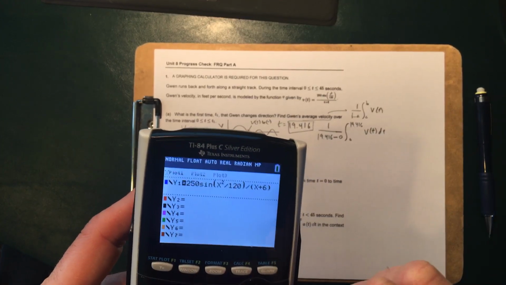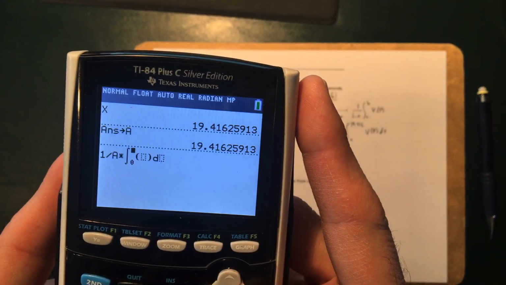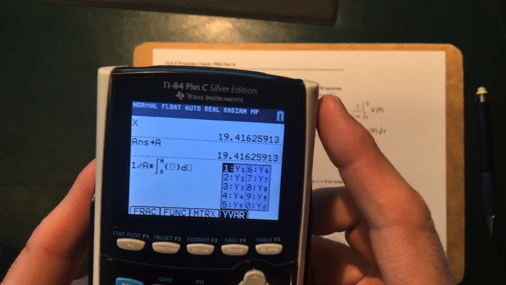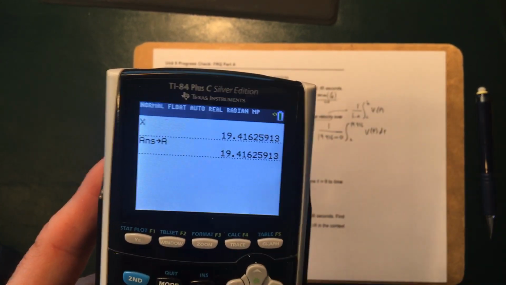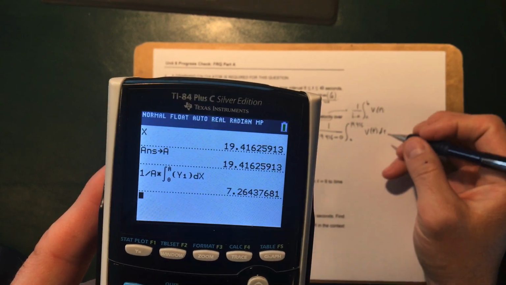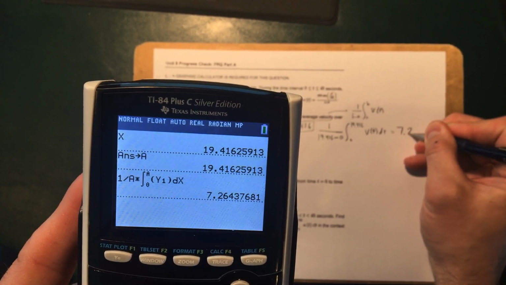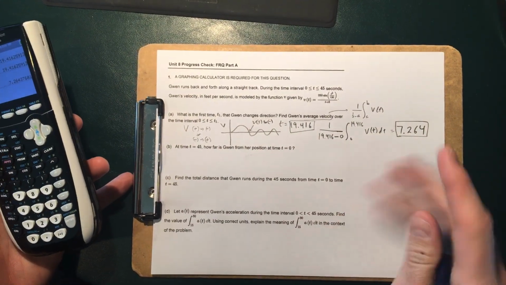So I'm going to go back to where I was and put y1, alpha trace y1, into there, dx, and my average value is now 7.2643-ish, and that would be my average value over the first 19.5-ish seconds.